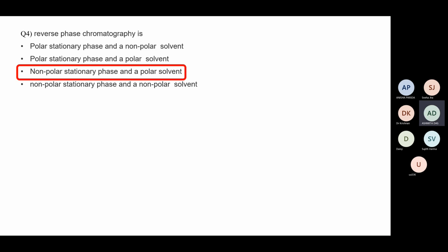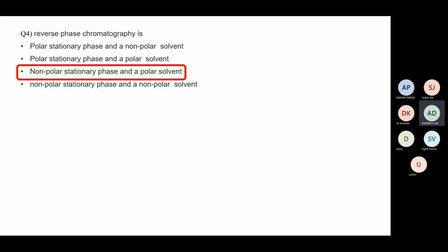Okay. Any other answer? So basically any chromatography has two phases, stationary phase and solvent.